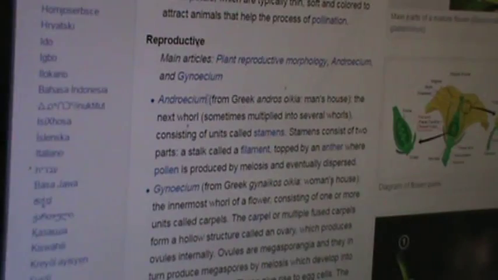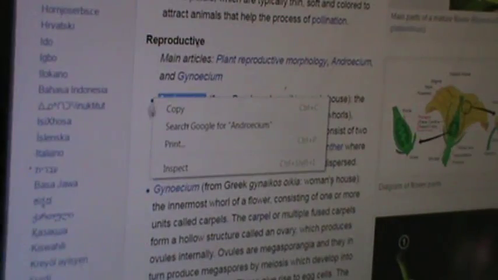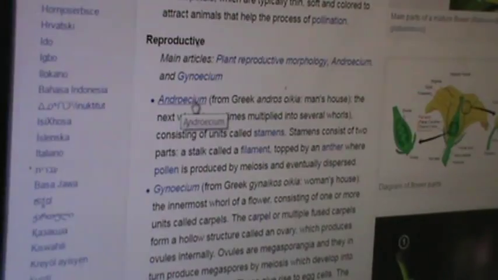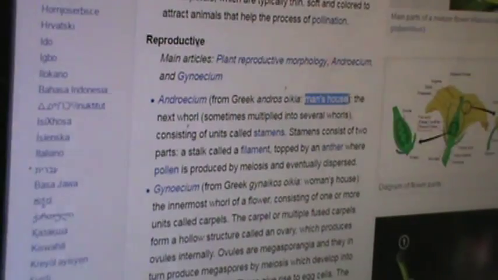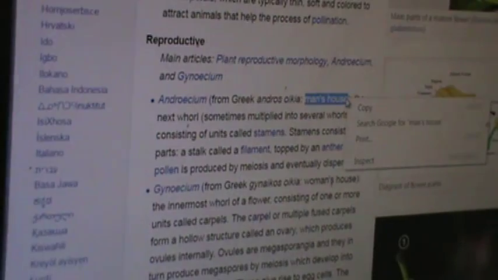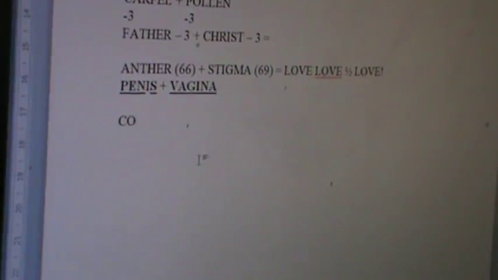Man's house. Interesting. That's amazing. So the androecium and the gynoecium, in particular, man's house, is also +1. And that's glaring. Letters and strokes divided by 3, just like in father.